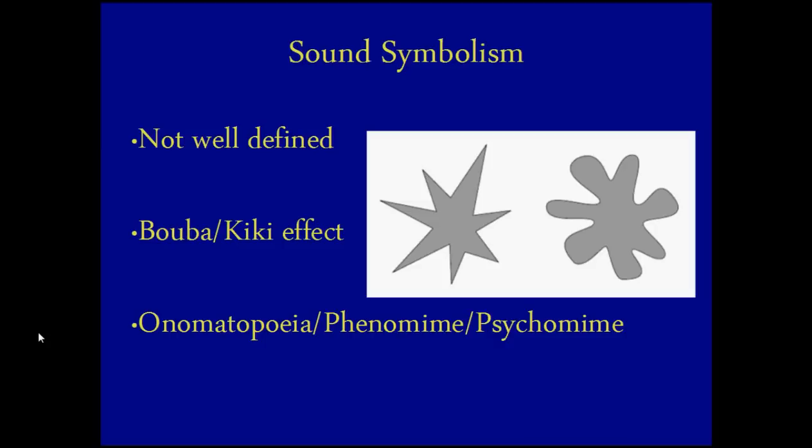A little bit more detached from reality is something called psychomime, which is a word that, even though it is not based on an actual sound, still very directly and obviously elicits this imagery of sound symbolism. Psychomimes are used much more in Japanese and Korean than any other language I know of.